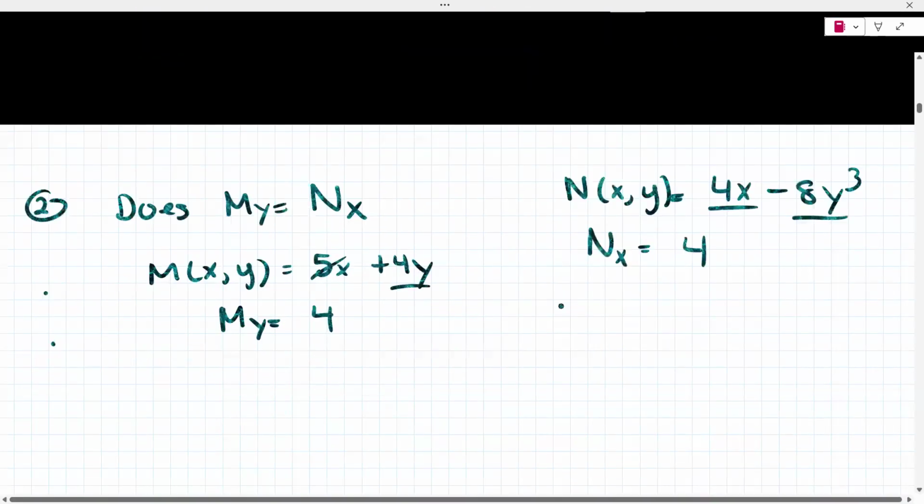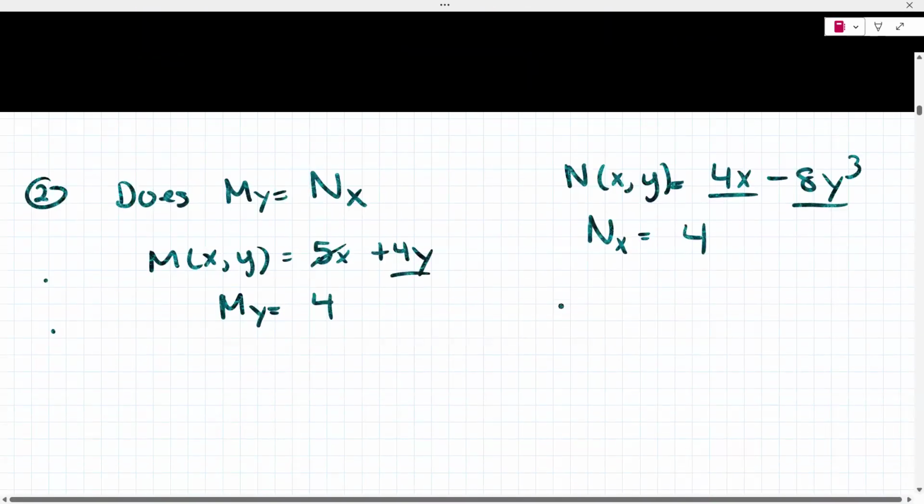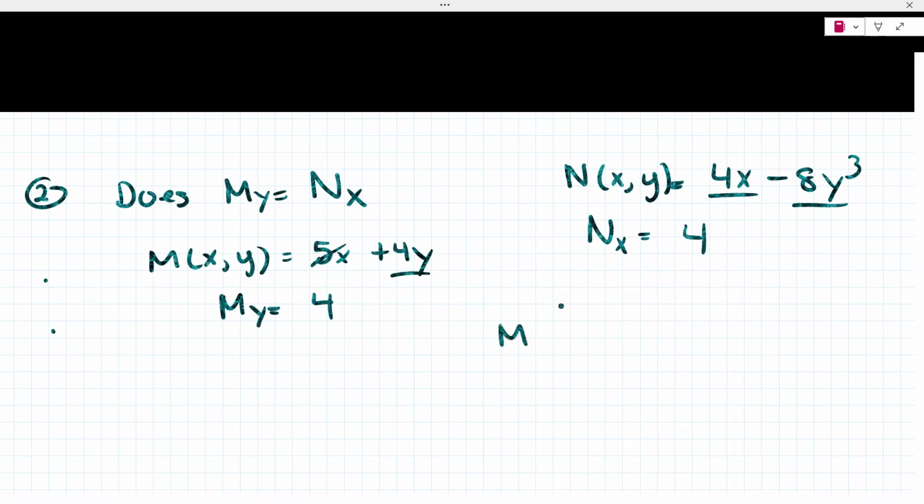So does My equal Nx? Yes, it does. My equals Nx. 4 equals 4, so it checks out. Okay, so now we move on to step 3.